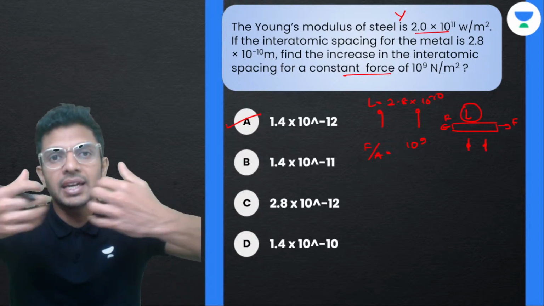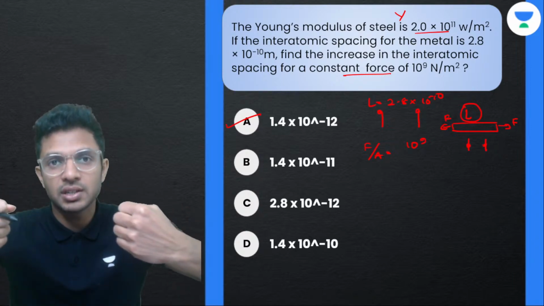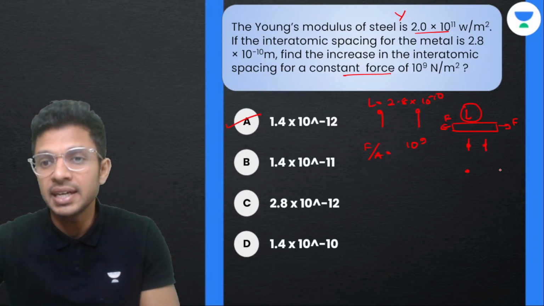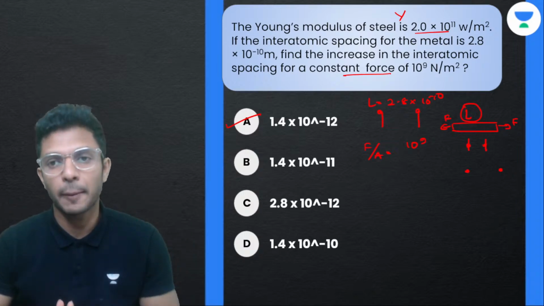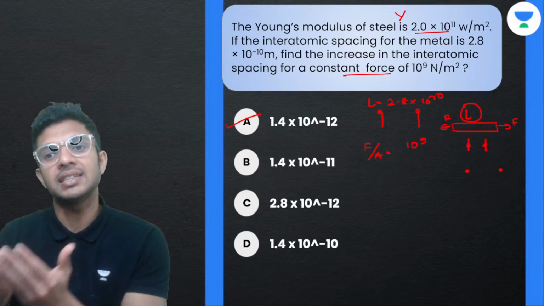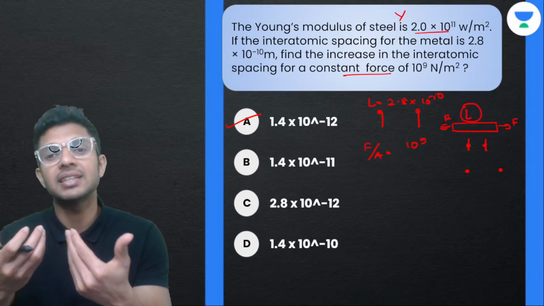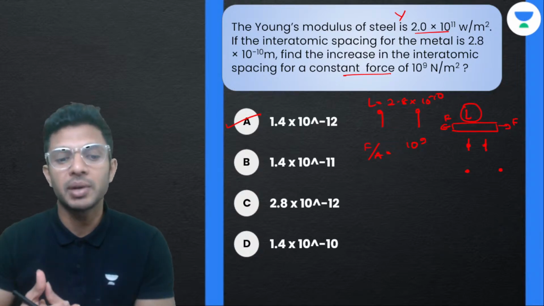Once you apply those extending forces, what will happen? The interatomic distance is increasing, which makes the body increase in length. So the increase in length concept is the same as the increase in interatomic distance.